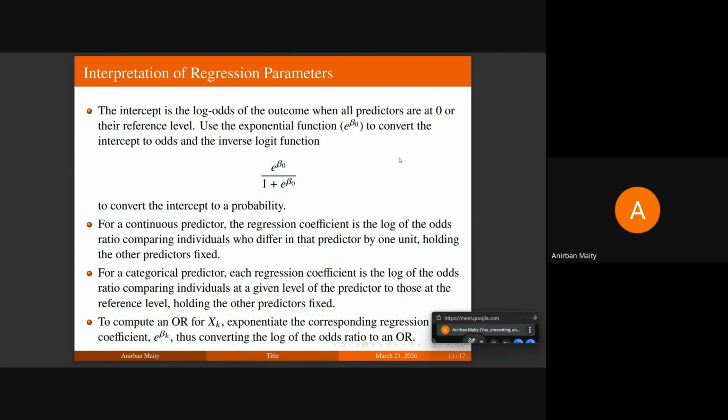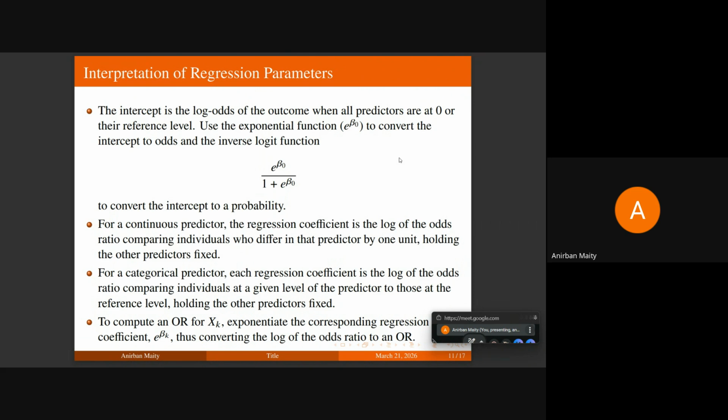Now if you fix x2 at 0 and increase x1 by 1 unit, then your log odds increase by beta 1. That means the odds of getting the disease are e to the power beta naught plus beta 1 times.